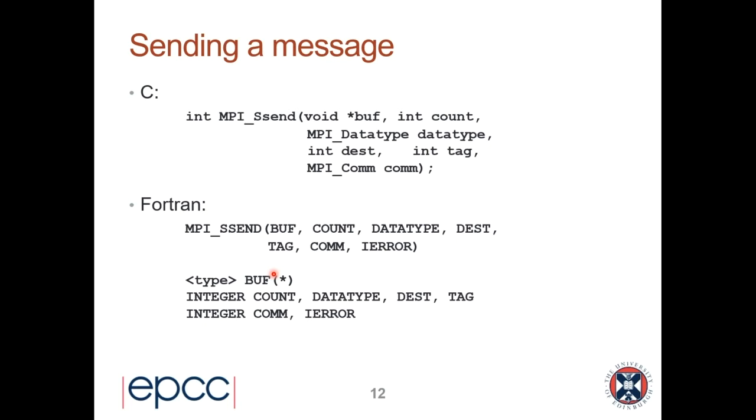It is illegal in Fortran 90 to have a function which takes an argument of arbitrary data type. I'll talk about this later, but for now just forget this. C has void. Void means I don't care. Fortran is a lot more pedantic, a lot more strict, and it doesn't have void. So that causes problems. This is kind of a pseudo syntax, but just trust me, it all works.